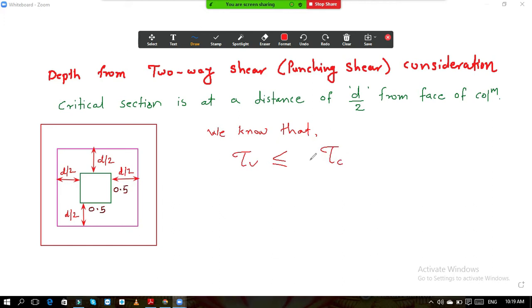But it should be less than not only tau c, it should be less than ks into tau c, where ks is a constant and its maximum value is 1. If we consider the maximum value, then ks becomes 1, so we can directly write tau v is less than or equal to tau c.